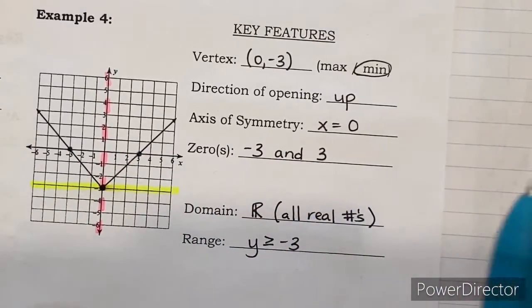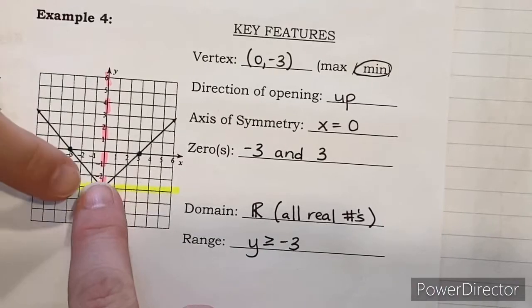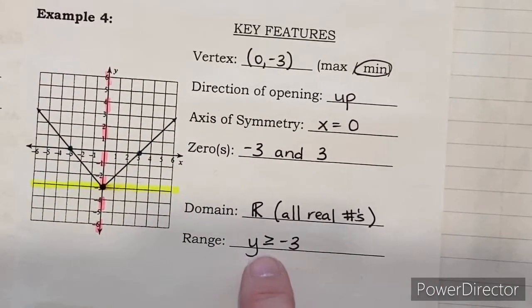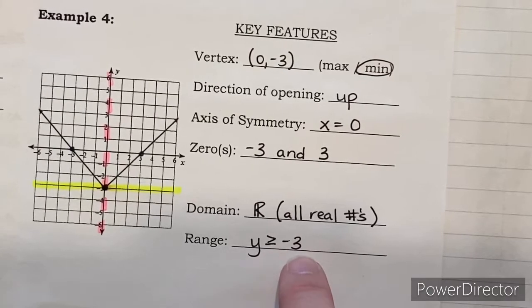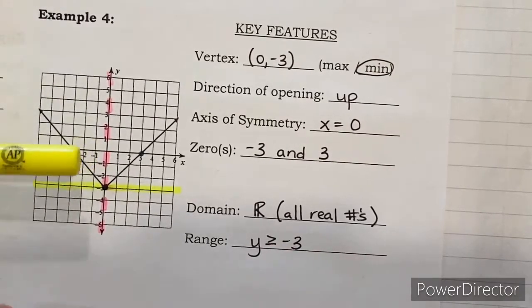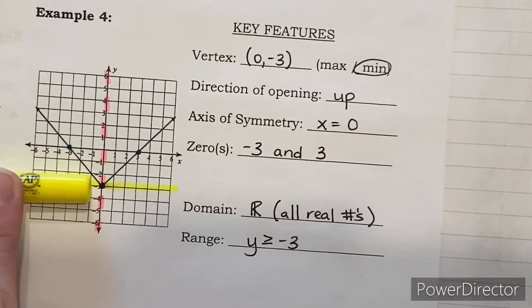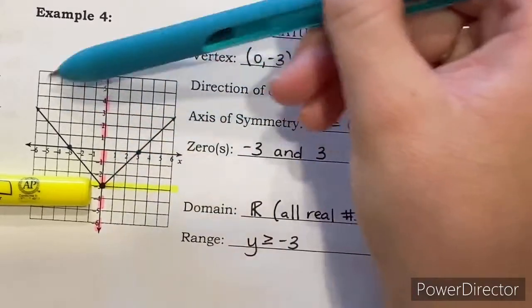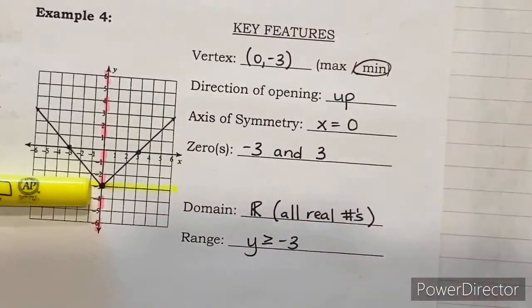Domain is all real numbers because we go forever left and forever right. And the range is y is greater than or equal to -3. I got the -3 because that's where the bottom of the graph is sitting. That's where the vertex is. And I got greater than or equal to because this graph goes up and we're going to use everything above the line that I drew.